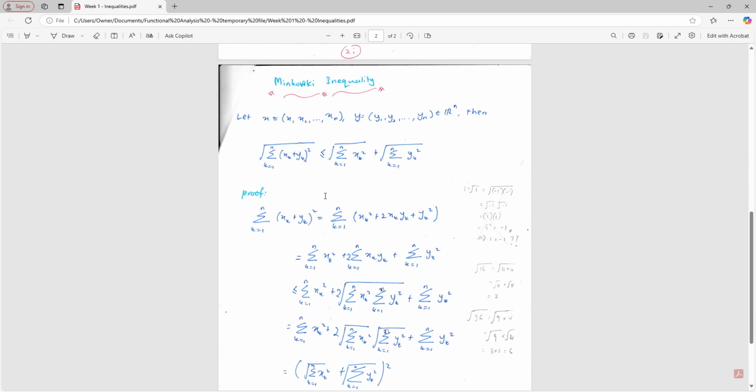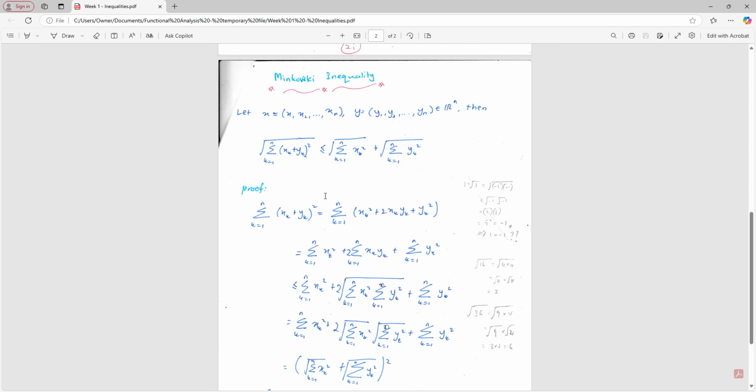So to prove the Minkowski inequality, what we are going to do is take the (xk plus yk) square here. We are going to forget the square root over here.